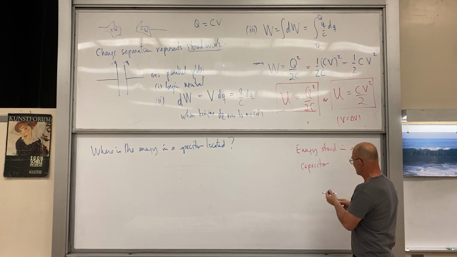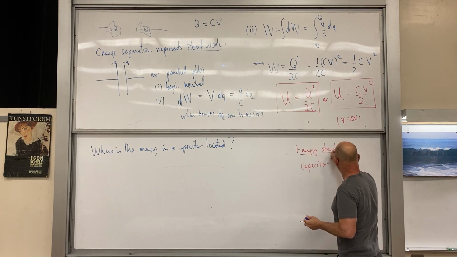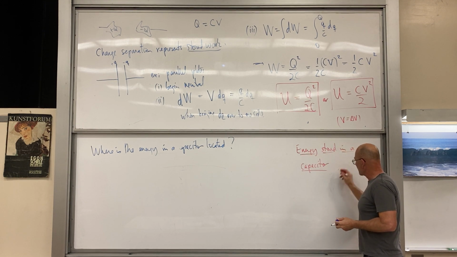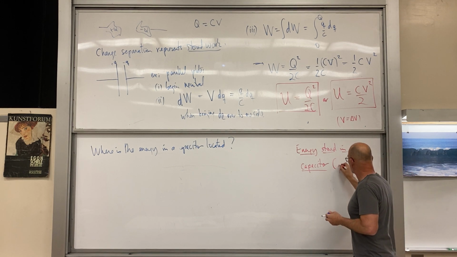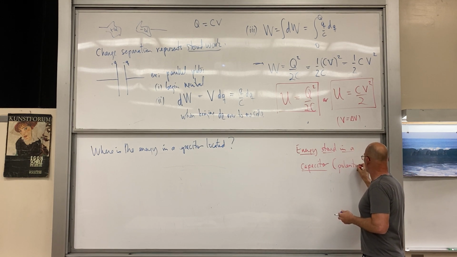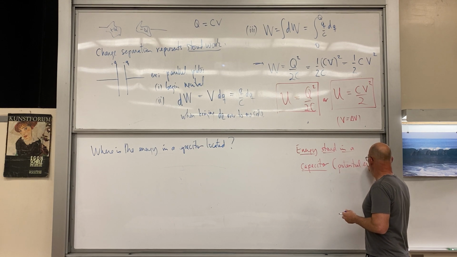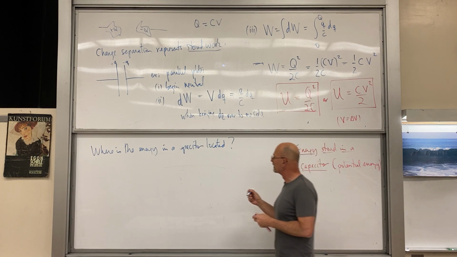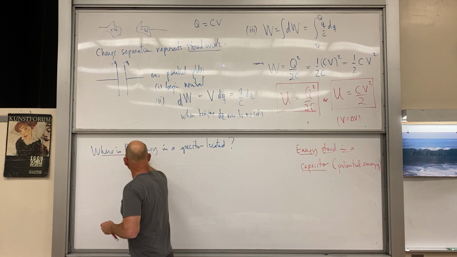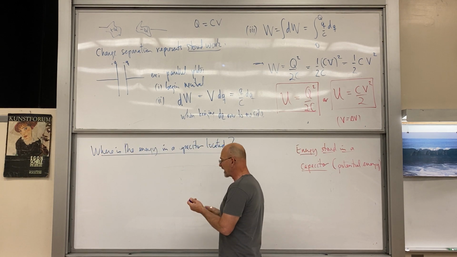And that way, when I say energy stored in a capacitor, I can say parenthetically, this is potential energy. And the question is now, where is it stored? Where is it located?